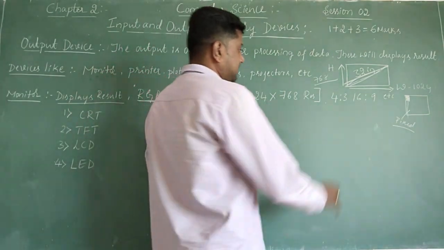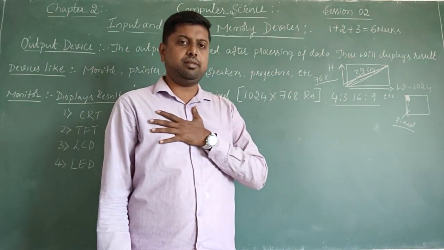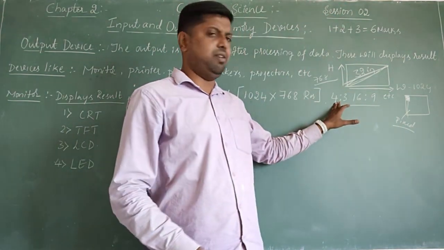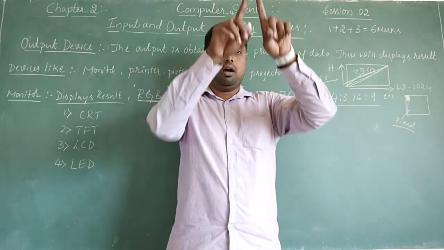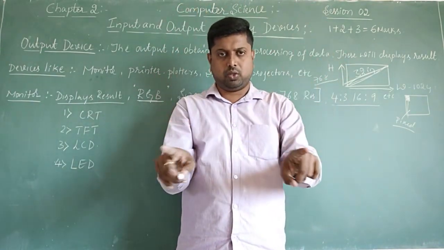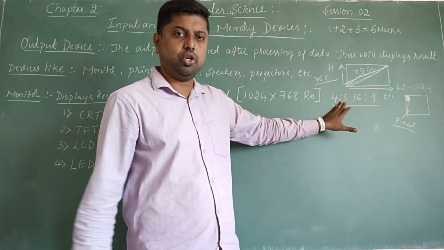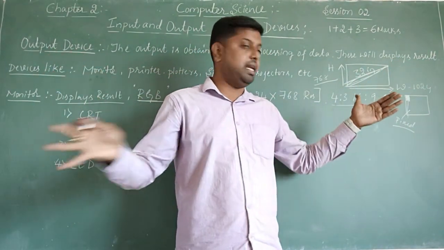And we have different aspect ratios. Some TVs are exactly 4:3. If you have an older TV at home, it looks almost like a square shape, with an aspect ratio of 4:3. Then 16:9, where the width is increased.